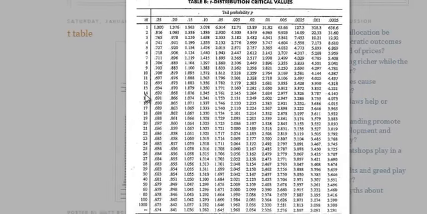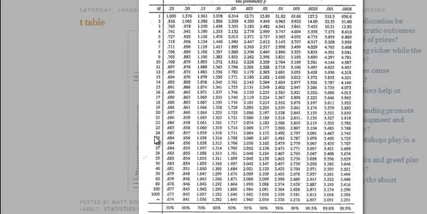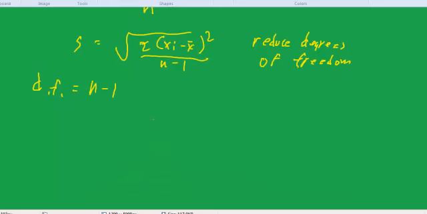The sample size minus 1 will be the degrees of freedom. As the sample size gets larger and larger, the t-distributions will be less variable and will converge to the normal distribution. It is worth taking notes that the degrees of freedom is n minus 1. That's something you should have in your notes.